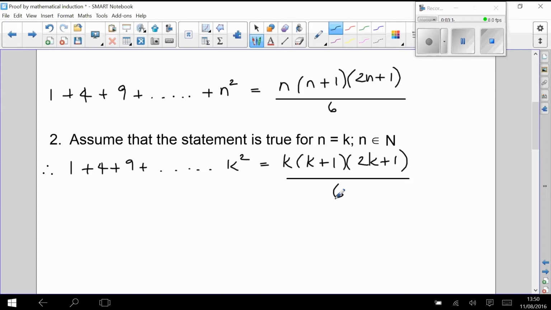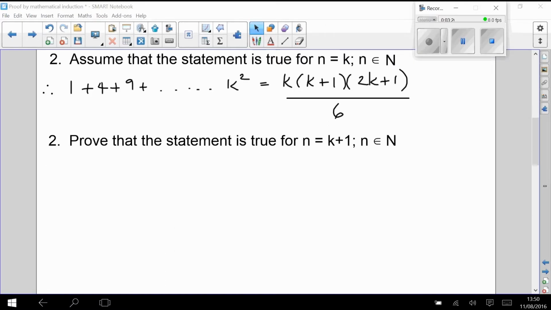We now need to do the proof part, which is proving it true when n is equal to k plus 1. Like we did in example 1, I need to understand what I'm trying to prove. So I need to prove the following. Remember, when you're proving, you are going to take the k and you're going to replace it with k plus 1.